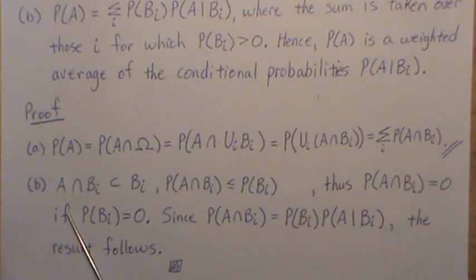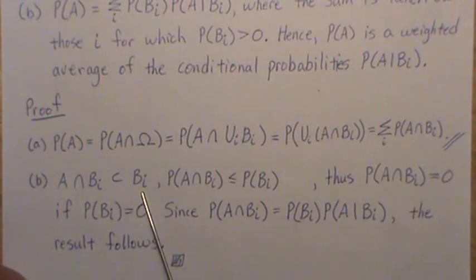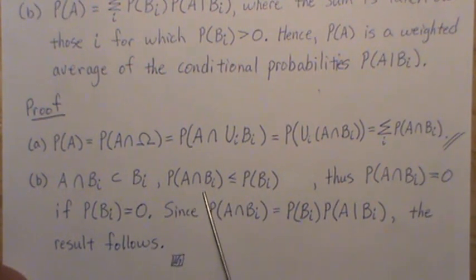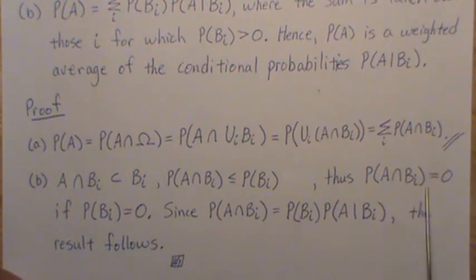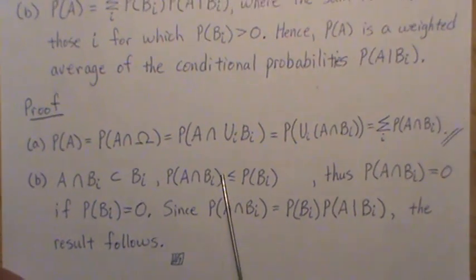Now, for part B, A intersect Bi is a subset of the event Bi. So that means the probability of this intersection is less than or equal to the probability of Bi. Thus, if the probability of Bi is 0, then the probability of the intersection has to be 0.